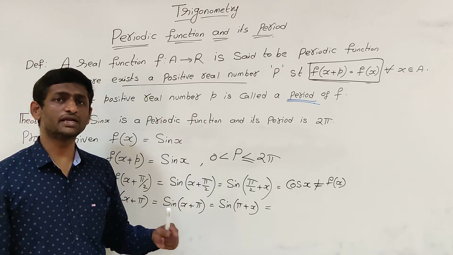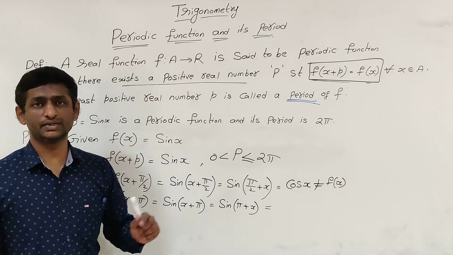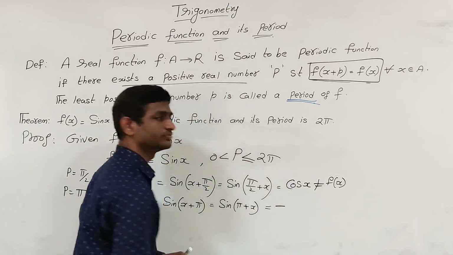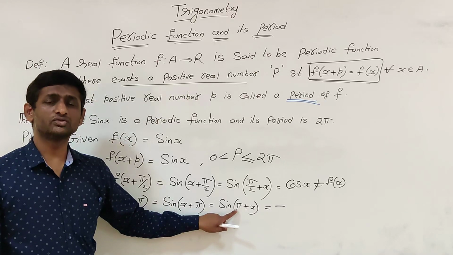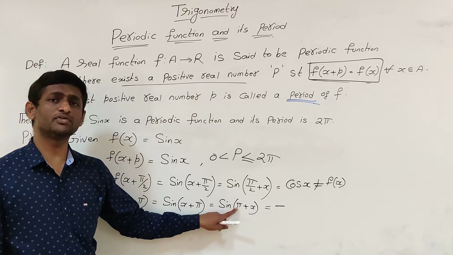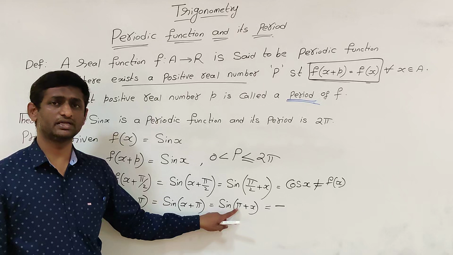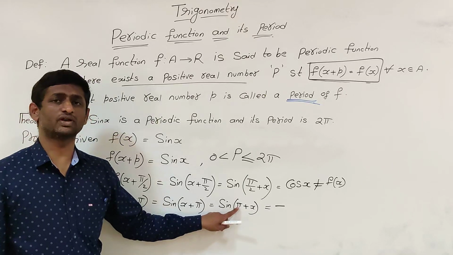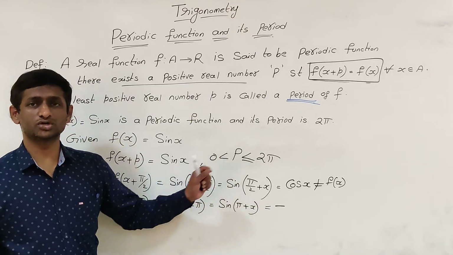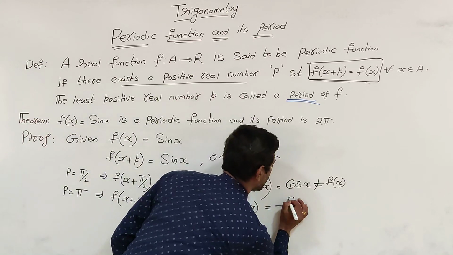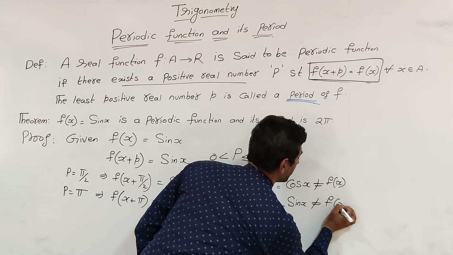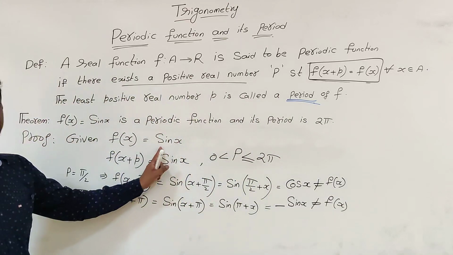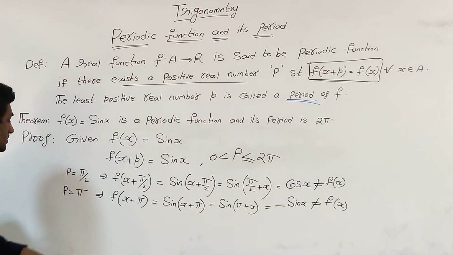In the third quadrant, sine is negative. One more condition: we have to check whether it is an even multiple of 90 or an odd multiple of 90. It is an even multiple of 90, so the trigonometric ratio does not change. So it will be minus sin x, which is again not equal to f of x, because f of x is sin x.